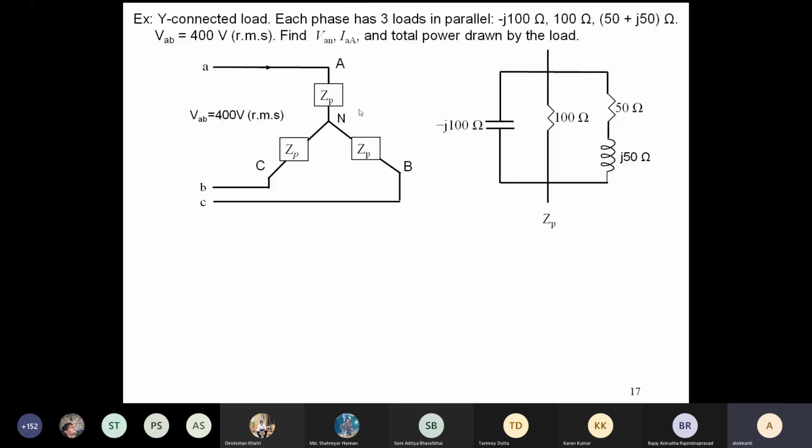You are given the line voltage VAB and the per phase impedance in this form. Find the phase voltage, the phase current, and the total power drawn by the load.